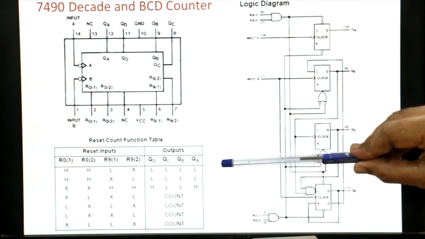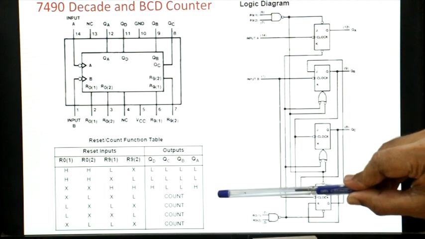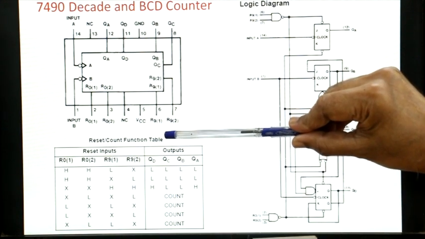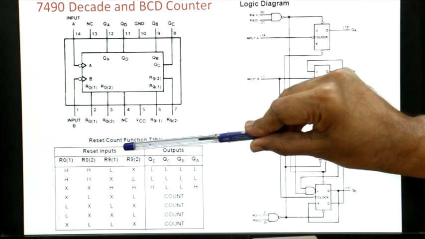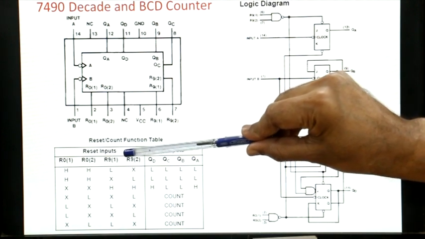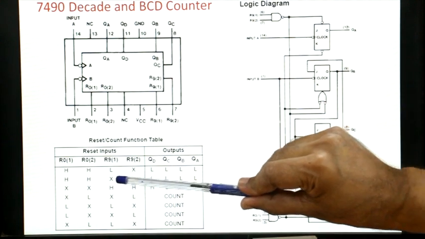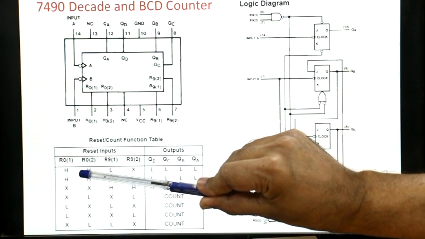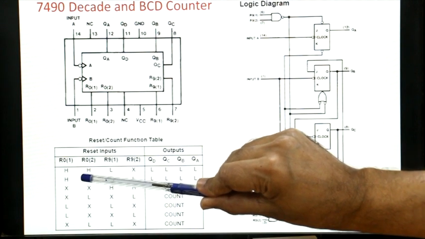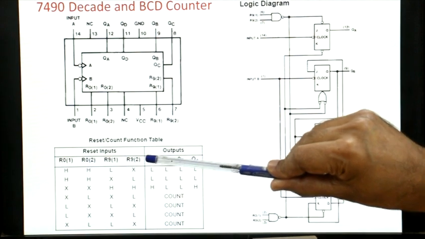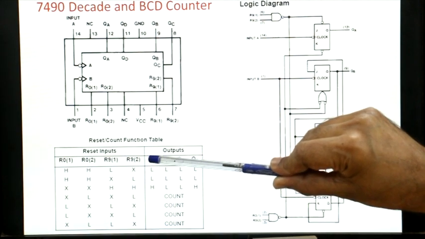The other thing, which you may not require but is good to know, is that this has a very special feature by which you can either clear it to all 0 or preset it to 9. There are 4 pins: R01 and R02, which are meant for clearing it to 0, and R91 and R92, which are meant to preset it to 9.